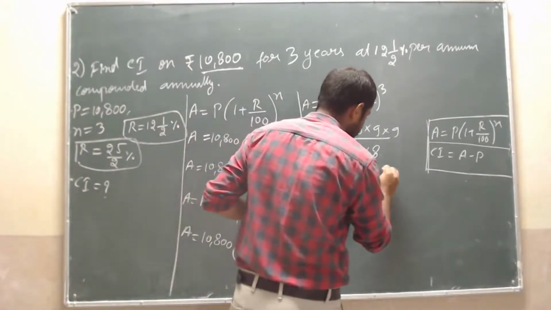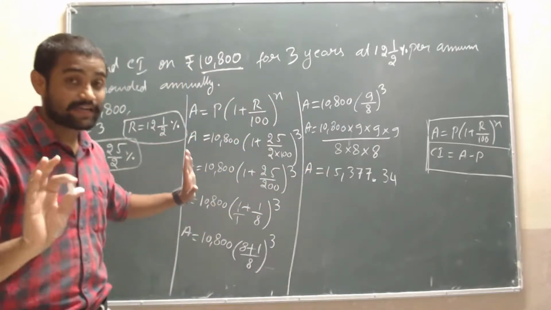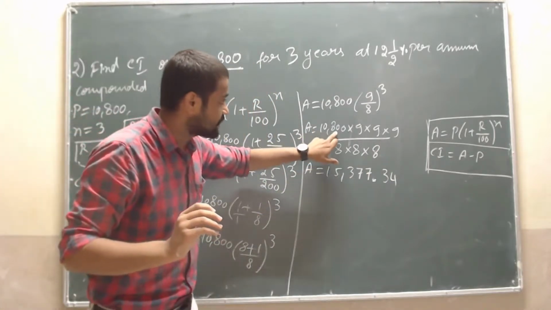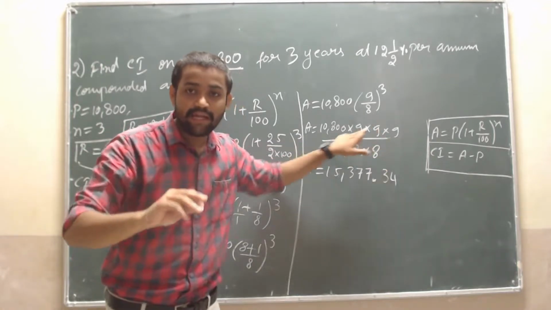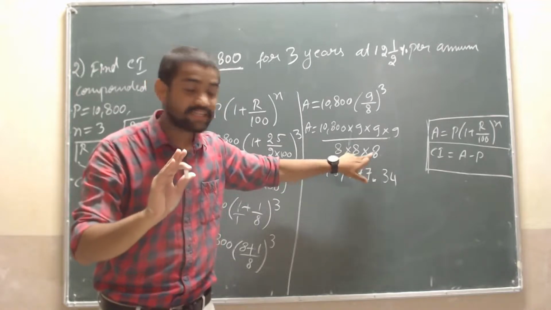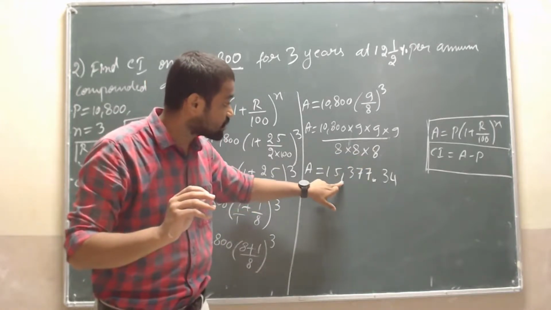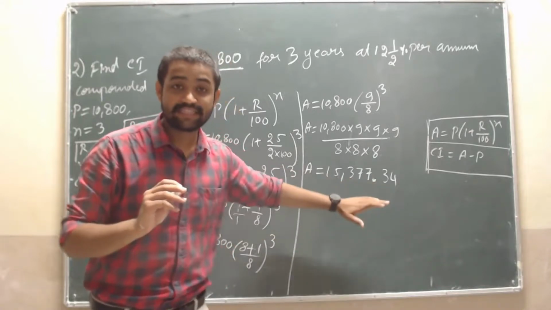Okay, just I will write 34. What did I do? See here. 10,800 into 9 into 9 into 9 divided by 8 into 8 into 8. Clear? Then what we will get, amount is 15,377.34. This is the amount.